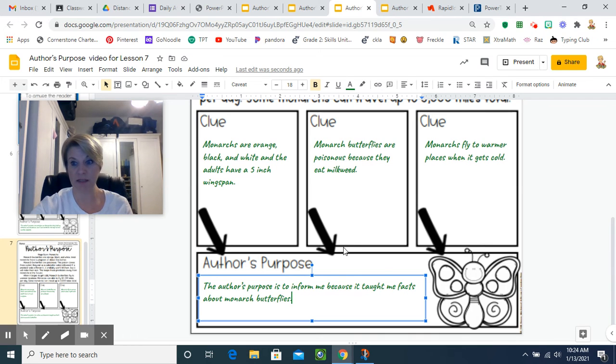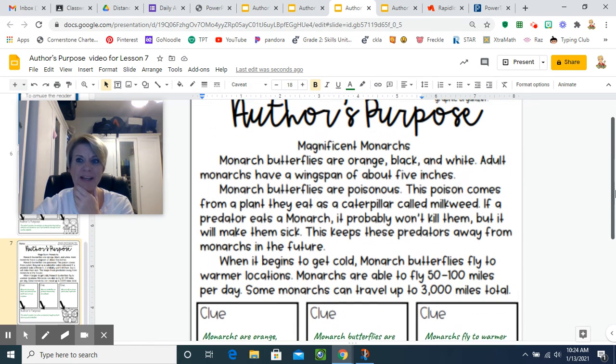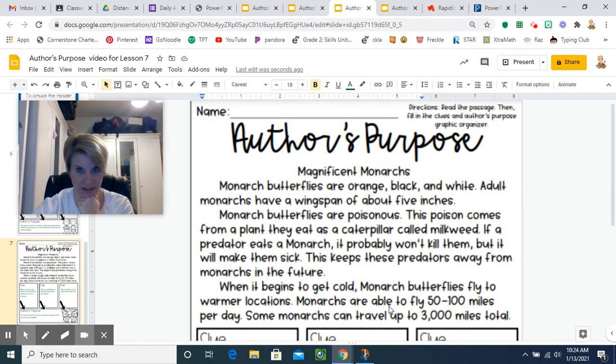Pretty simple, right? So we've been working on reading some short, tiny excerpts about what books are about. But when we look at an actual passage to find the author's purpose, the best thing to do is, first of all, read it first, and then look for different clues that tell you what the author's purpose is.